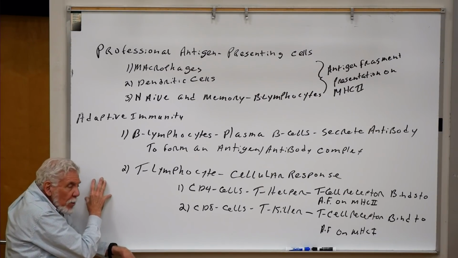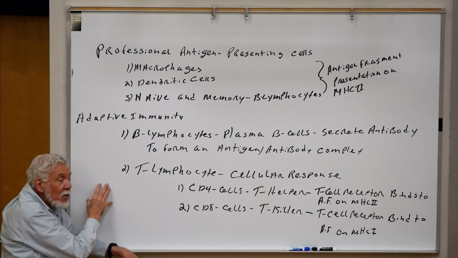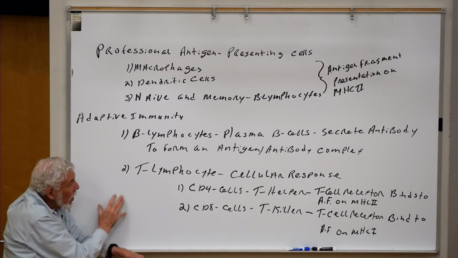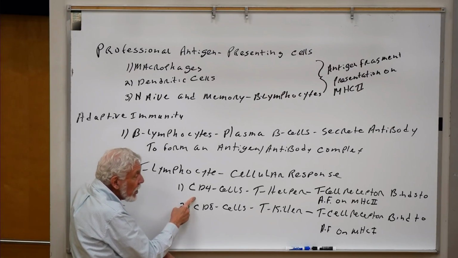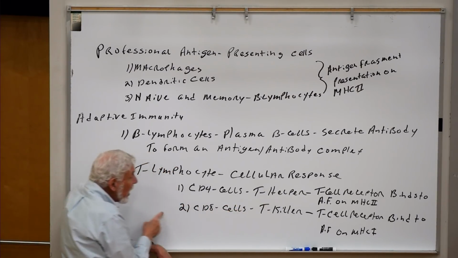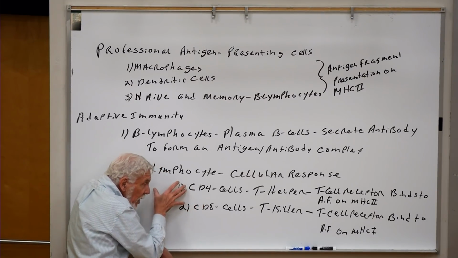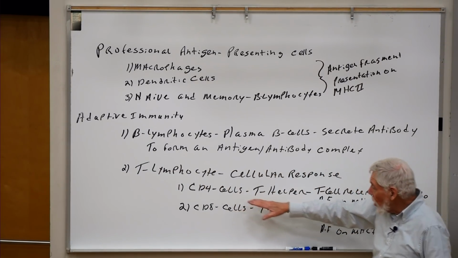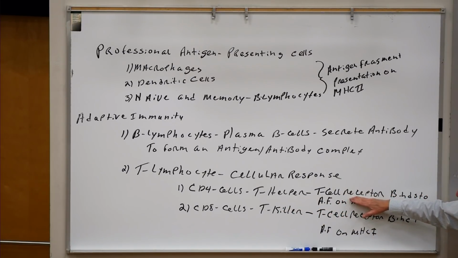Then you'll remember we talked about T lymphocytes. T lymphocytes are those cells of the immune system that had to pass through the thymus before they became mature and effective. Well, the T lymphocytes come as two forms. They come as CD4 cells, also known as T helper cells, and they come as CD8 cells, also known as T killer cells. Now, the short version of this is that CD4 cells, also known as T helper cells, have transmembrane proteins called T cell receptors.